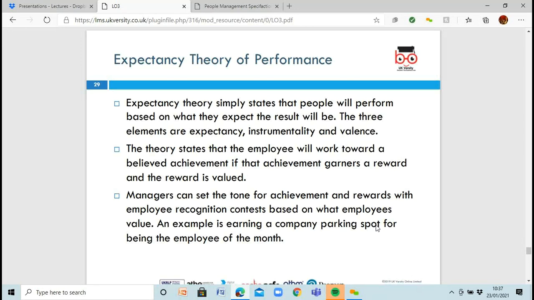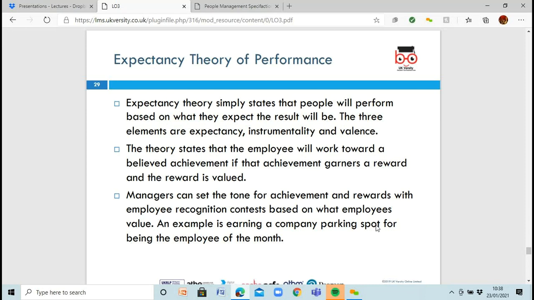And then we go on to the expectancy theory of performance. So this expectancy theory, it simply states that people will perform based on what they expect the result will be. So the three elements are expectancy, instrumentality, and valence. So this theory actually states that the employee will work towards a believed achievement if the achievement will actually give them a reward, and the reward is something that they actually value.